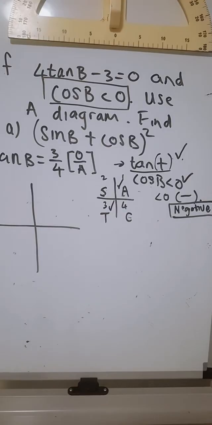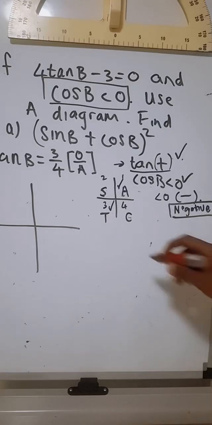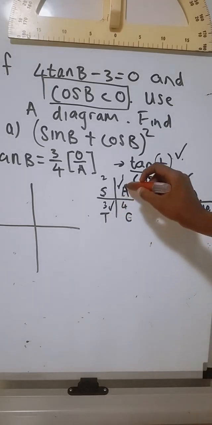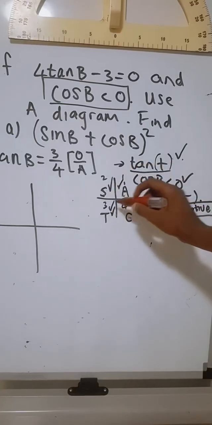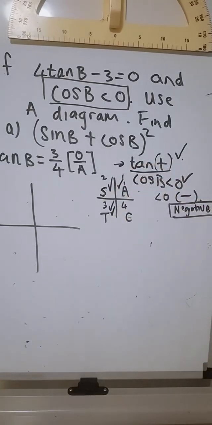Okay, so cos is negative in the second and the third. Do we all agree? Second and third. That's where cos is negative. Are we in agreement? Okay, second and third. There we go. So there we have it.